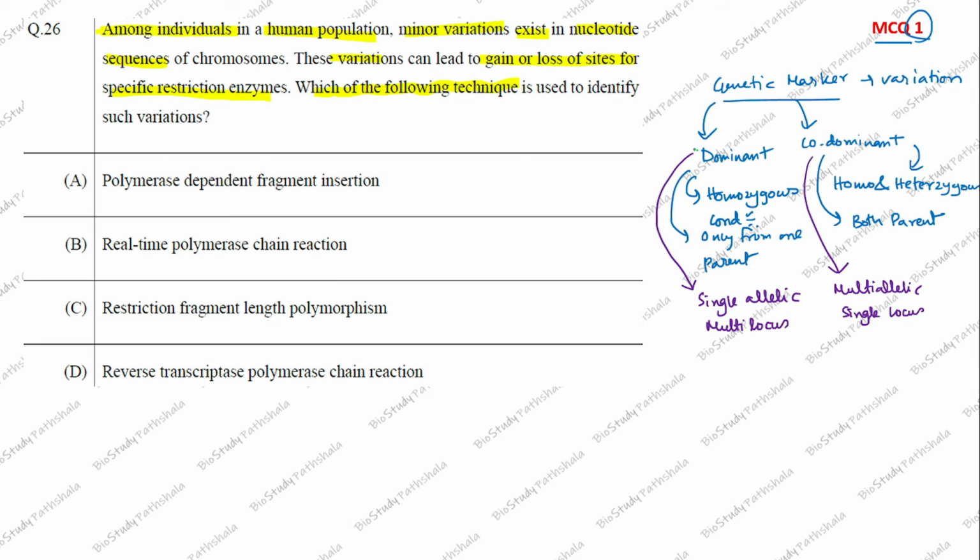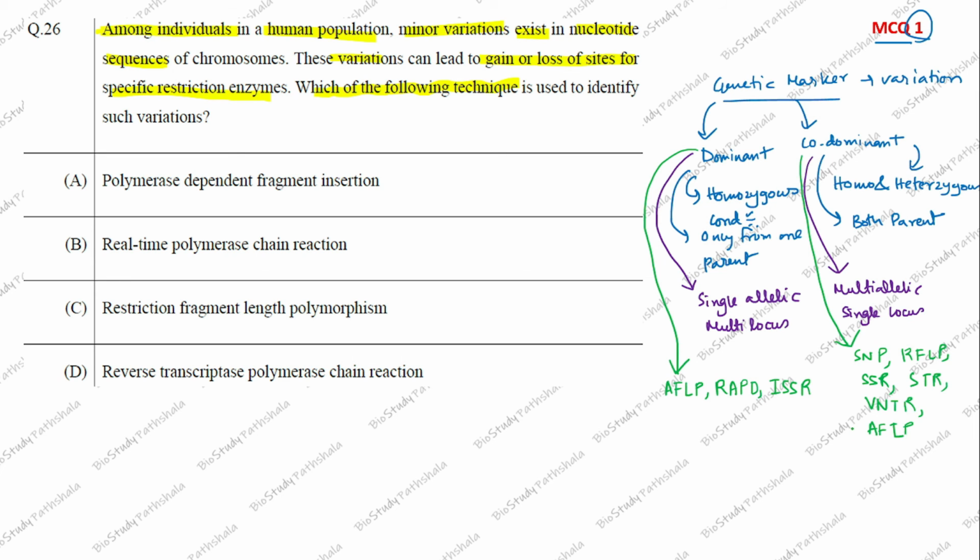The examples of dominant genetic markers are AFLP, RAPD, ISSR, and codominant markers examples are SNP, RFLP, SSR, STR, VNTR, sometimes AFLP as well. AFLP is mainly dominant in nature, but sometimes it may show codominant genetic marker significance as well.